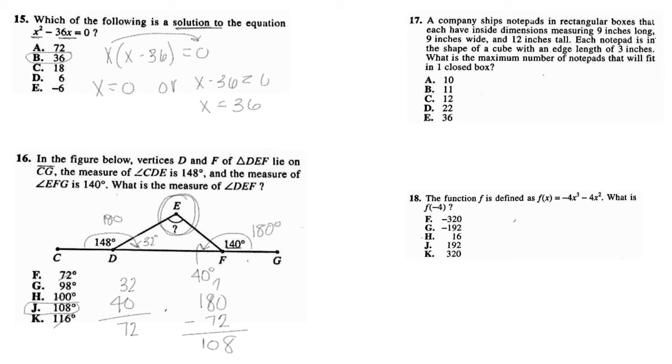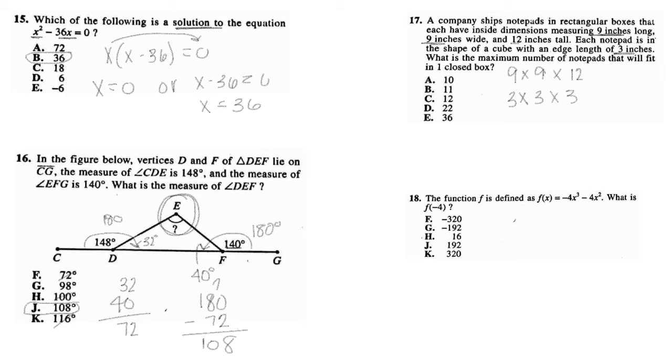So we've got these dimensions, don't we? So we have a 9 by 9 by 12. Each notepad is in the shape of a cube, and so the cube has a side length of 3. Now a cube would be 3 times 3 times 3.